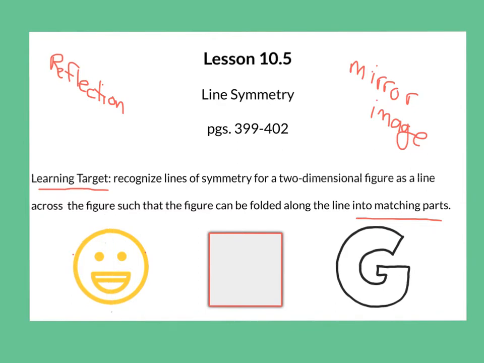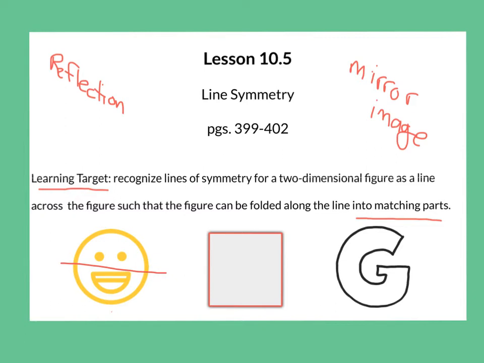Now, if I take that same smiley face and draw a line that is horizontal instead of vertical, you can see that if I were to fold it from top to bottom like a taco, there aren't going to be eyes down below, and the mouth isn't going to match a mouth up top.